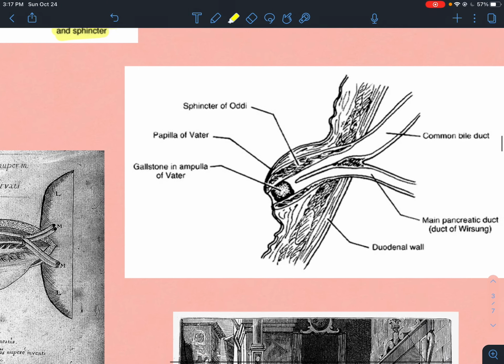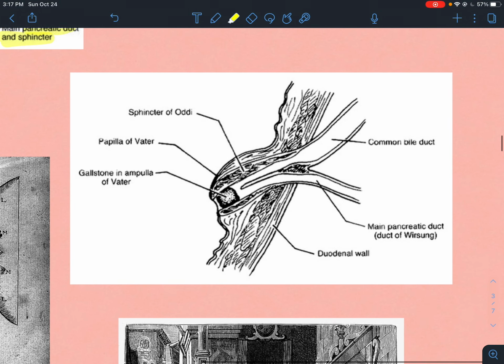Down here, what is interesting in this image is that we've got the sphincter being shown to us there. We've got the ampulla with the papilla there, the ampulla of Vater and that major papilla.